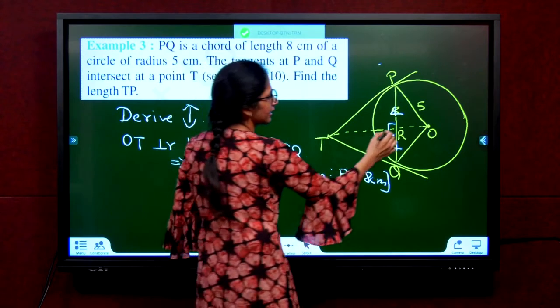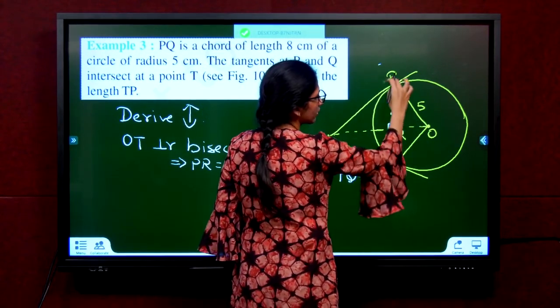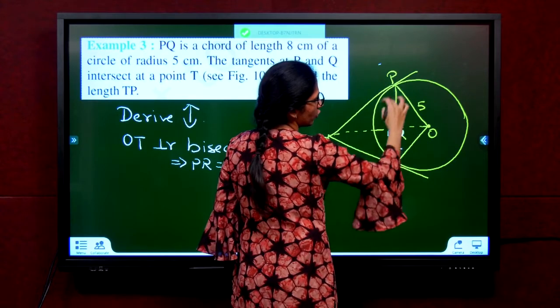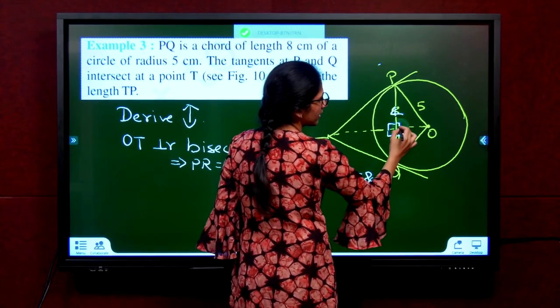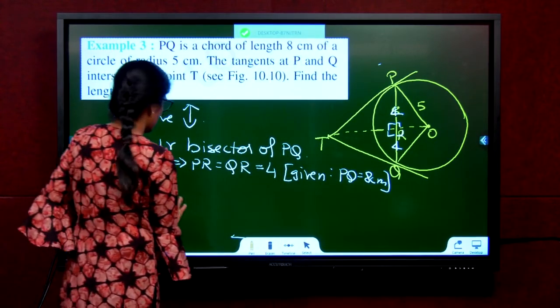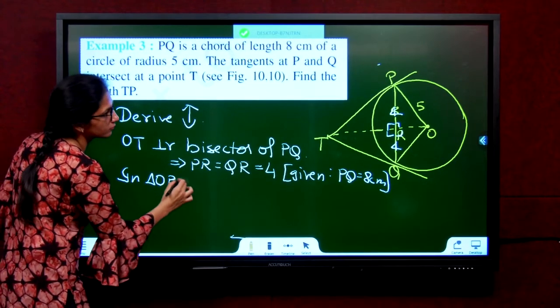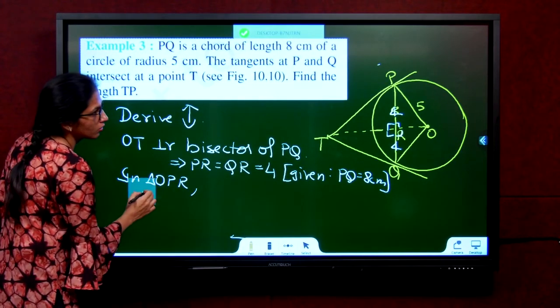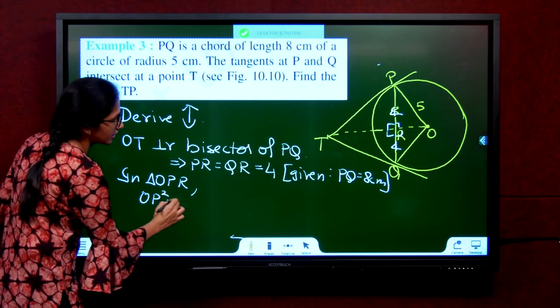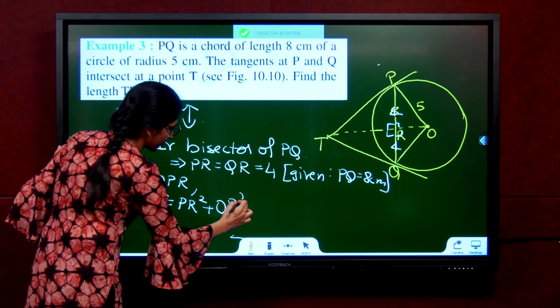Now we know this is 90, 90, 90, 90 here. So can I say in triangle OPR, using Pythagoras theorem, can I find this side OR? Yes. So now in triangle OPR, OP square is equal to PR square plus OR square.